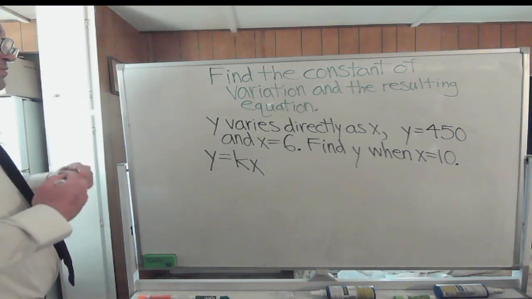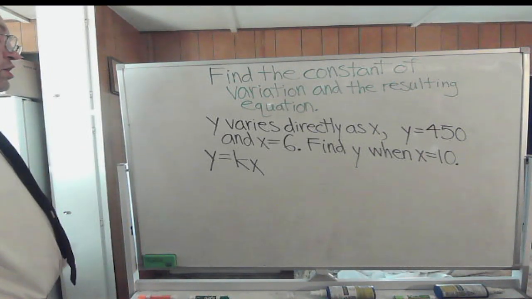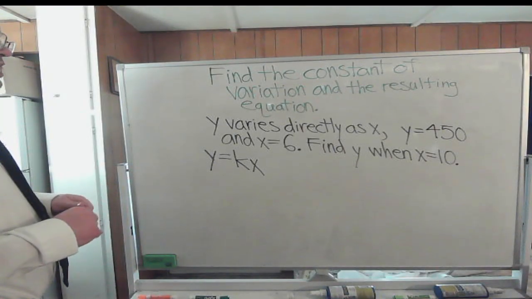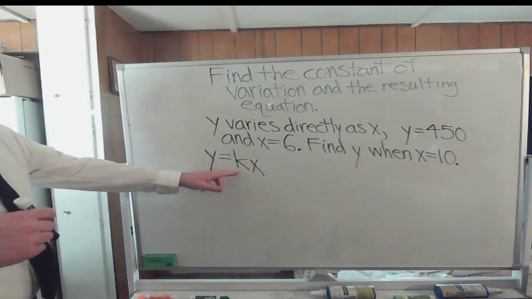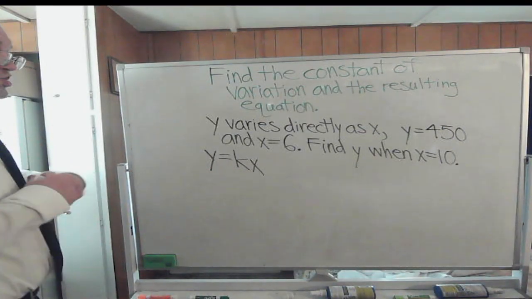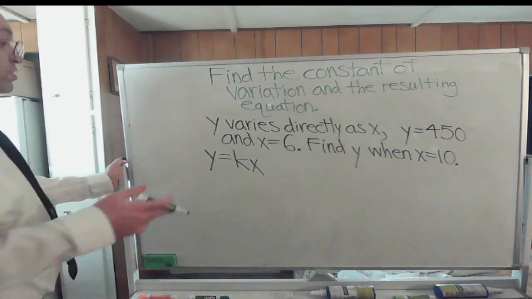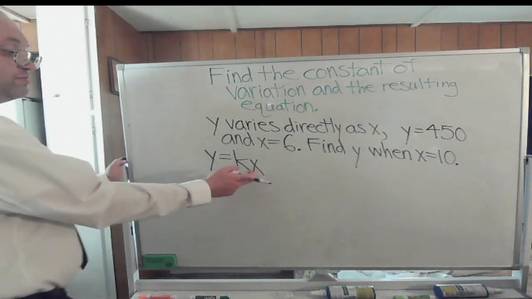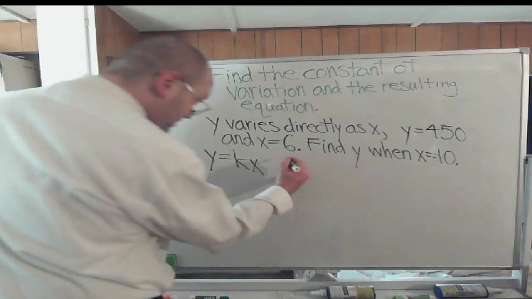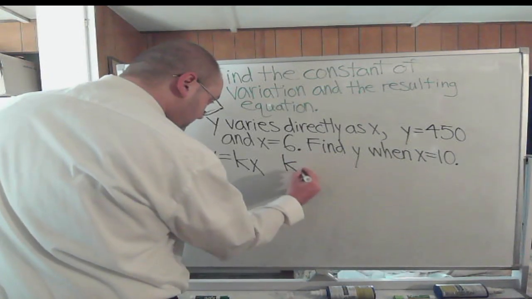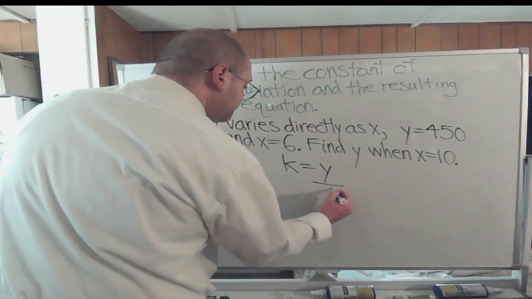What we're going to do here is still first solve for that constant of variation. In order to solve for the constant of variation, we have to get the K by itself, which means we got to divide both sides by X. So if you divide the KX by X, you do get K by itself. That'll be equal to Y divided by X.